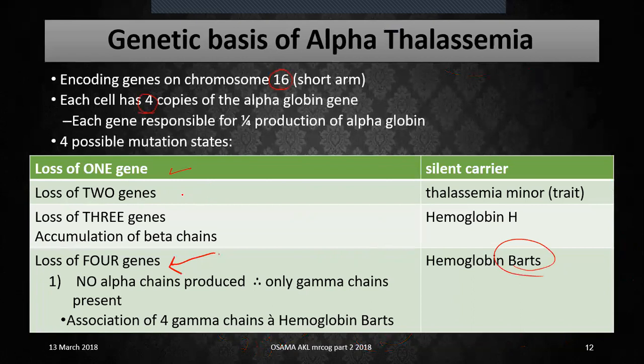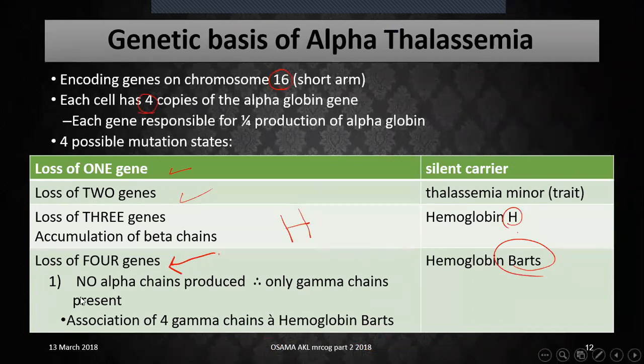Loss of 2 genes, this is thalassemia minor. Loss of 3 genes, look, 1, 2, 3, it's hemoglobin H. So if 3 genes are affected, this is hemoglobin H. And in this situation, you will find that alpha subunits are at a low level, so beta chains will start to accumulate because there are not sufficient alpha subunits.